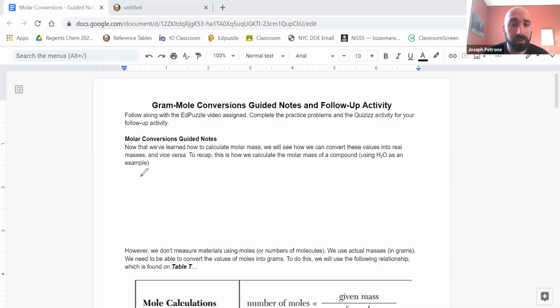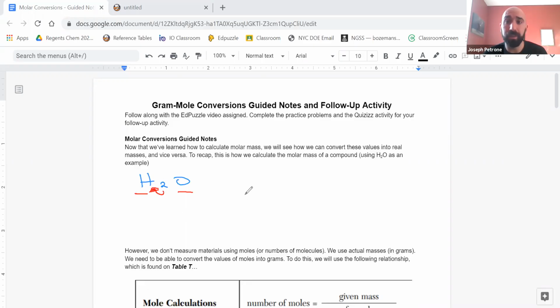The two elements we're dealing with are hydrogen and oxygen. The subscript 2 tells us that there are 2 atoms of hydrogen. This 2, just as a reminder, refers to the H here. The subscript always follows the element it's referring to.